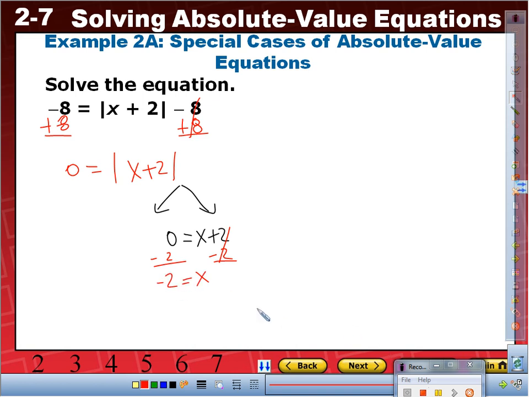Who noticed that we have a one solution absolute value? And who noticed that all the other ones were two solutions? So check this out. One thing to remember, whenever you end up with a 0, you only have one solution.